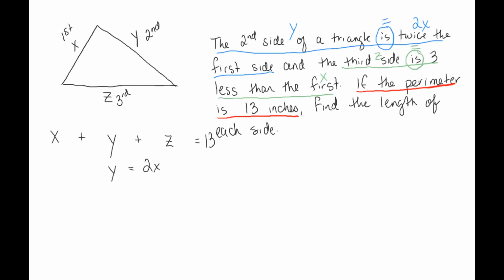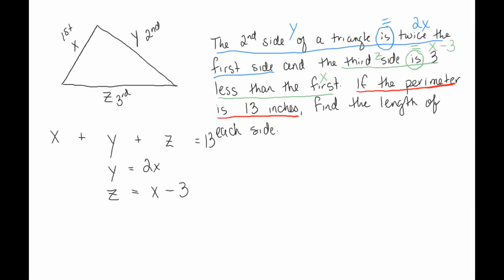X minus 3. Good job. And that was important. That order of subtraction matters, right? 3 less than a number is the number minus 3. So there's my third equation. Z equals x minus 3.